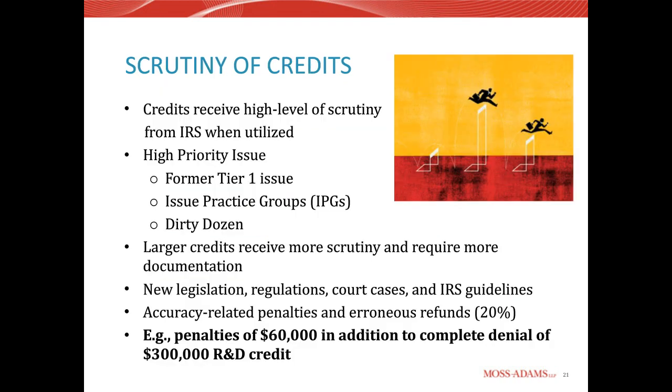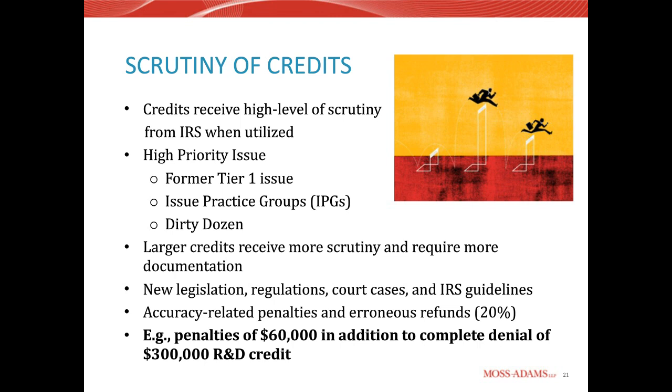So one thing that we wanted to mention, and the reason we mention this is because there are a lot of loss companies that may be familiar with R&D credits, and maybe it's something that you've claimed on your return every year and just went on a carry forward schedule and got carried forward. Once you start using the credits, they do receive a higher level of scrutiny by the IRS.